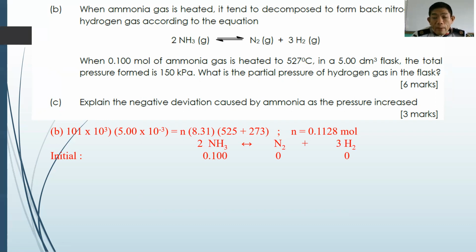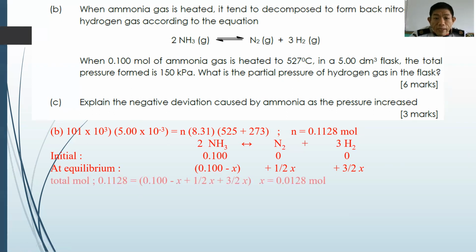So ammonia is minus 2x, or simply minus x, nitrogen is plus half x, and hydrogen is plus 3/2 x. The total moles of gases will be 0.100 minus x plus half x plus 3/2 x. At the end, you need to find x, and the moles of x is 0.0128 mol.